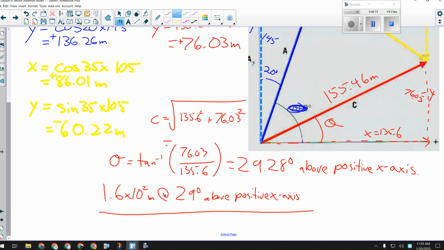Every vector addition problem is the same steps. Okay, draw the picture. Identify your x's and y's. Calculate your x's and y's. Add your x's together. Add your y's together. Do Pythagorean theorem. Do trigonometry, and you're done. It's always, always, always the same steps. Okay? All right.